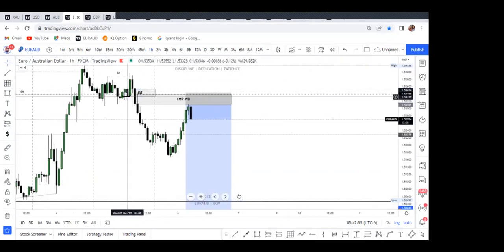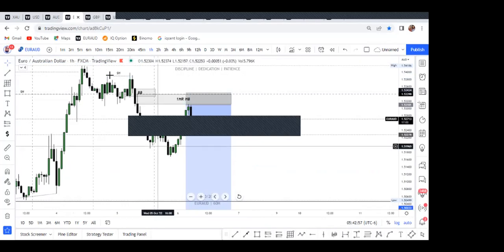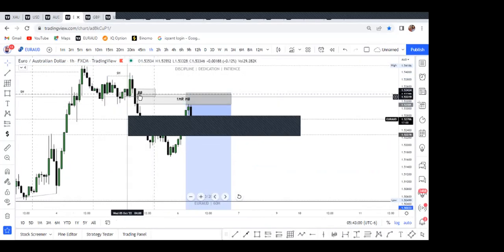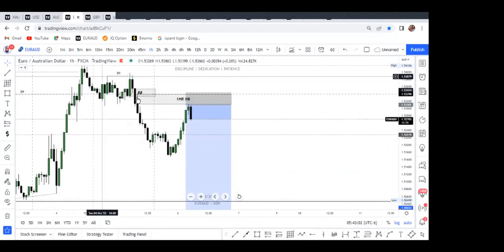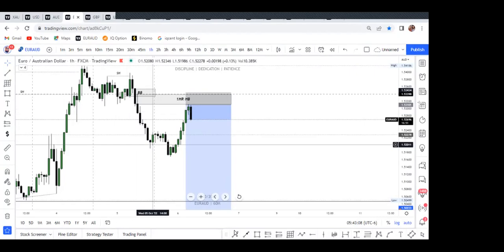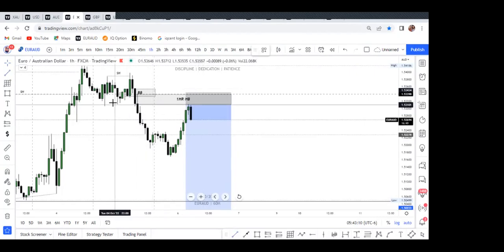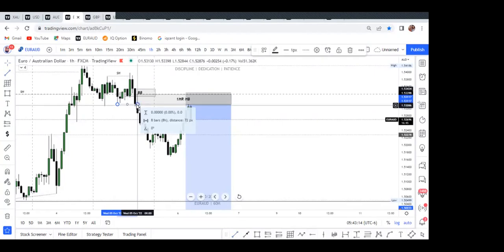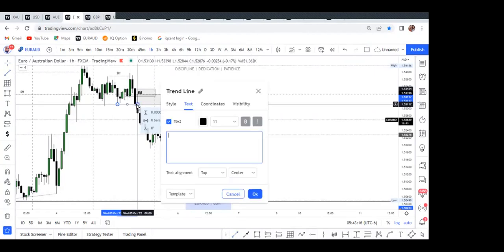So this candle was what facilitated the sweep of that high. This hidden base was what facilitated the taking out of that low. So that low that was taken out is the demand zone that was taken out. Remember what I said, when your demand zone is taken out, you cannot be looking for buy. So I will call here a market structure shift.